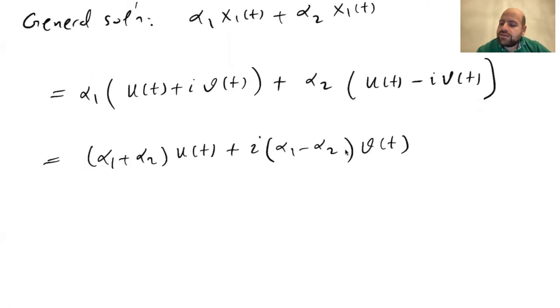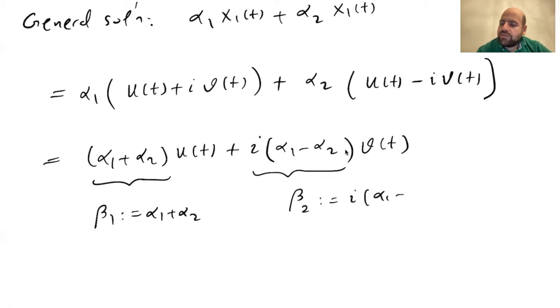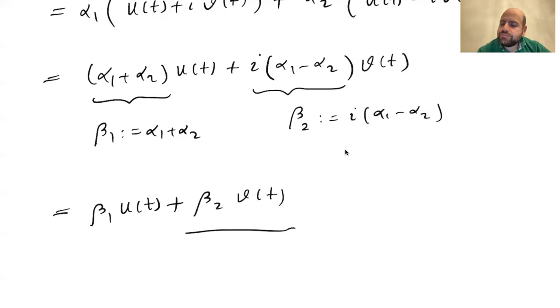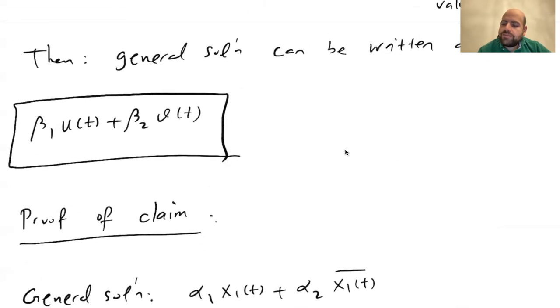Now, if I define this part as, let's say, beta 1 as alpha 1 plus alpha 2, and this part, let's say I can define it as beta 2, i times alpha 1 minus alpha 2, then this can be written as beta 1 u of t plus beta 2 v of t, which is what I claimed here.